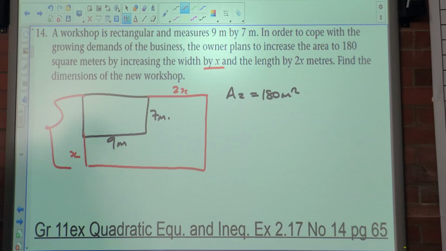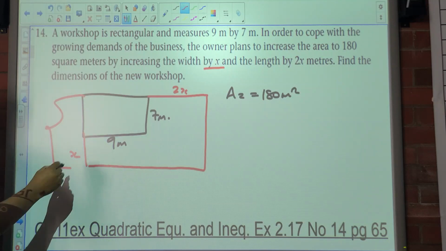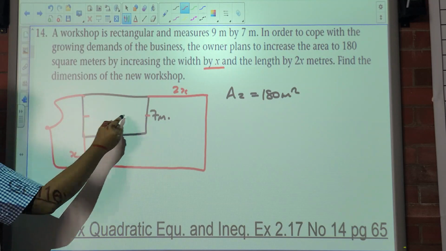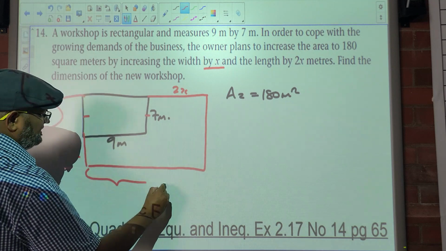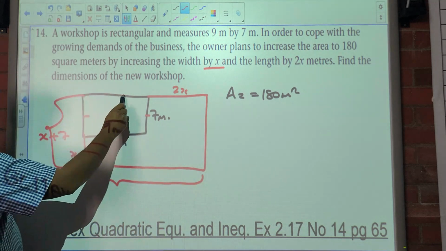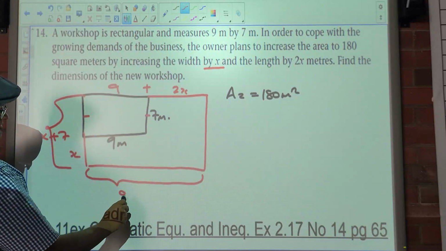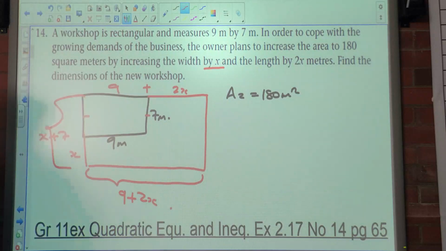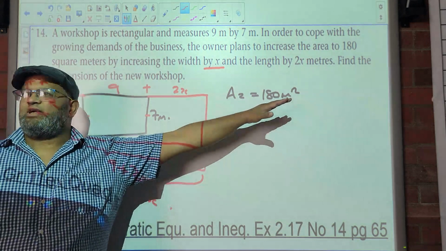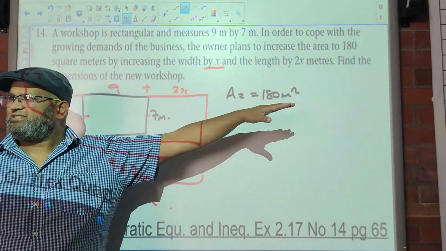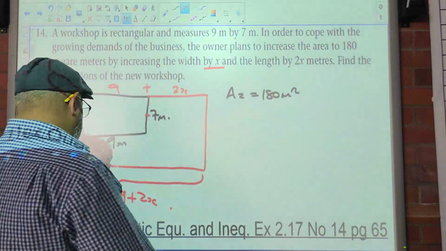It's going to be x plus 7, as you can see, this is 7, that's x plus 7, and this here is going to be 2x plus 9. If I multiply the length and the breadth, what must I get? 180. Can you see that, people?